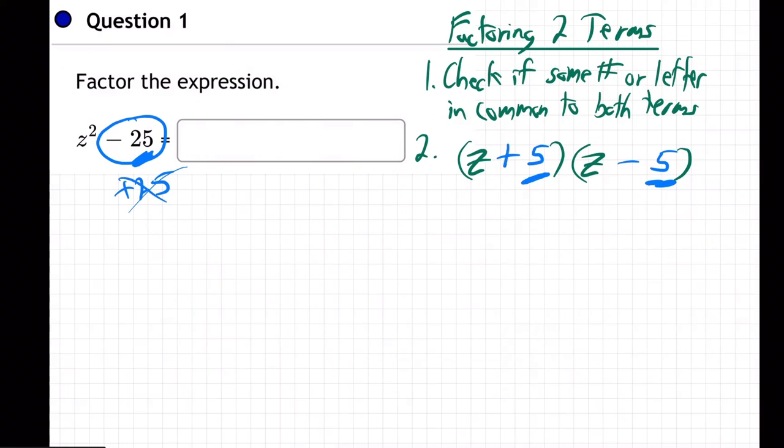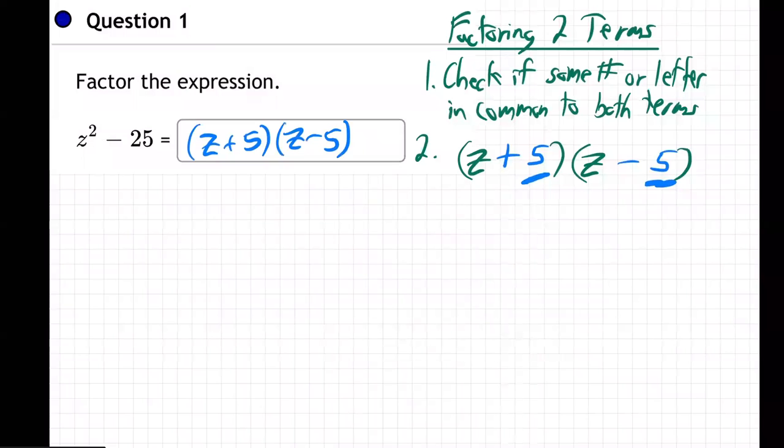Everybody see it's going to be one plus and one minus, because positive times negative is negative. And then that's just it. We're done. That's the answer to the problem. It's going to be z plus 5 and z minus 5, and we're done.